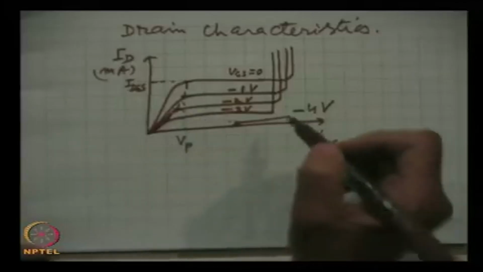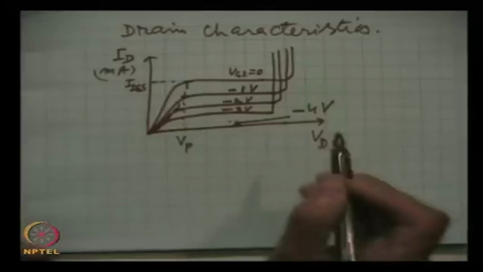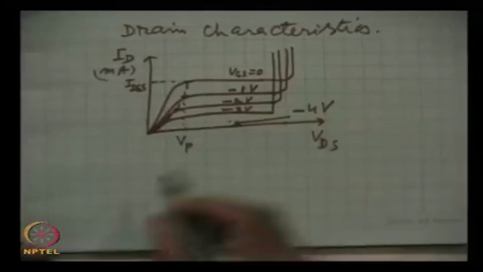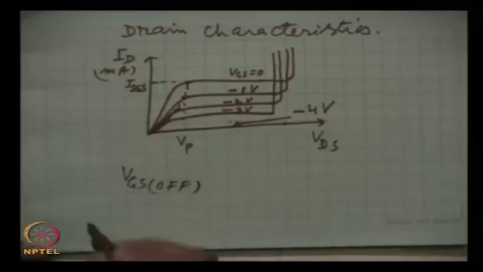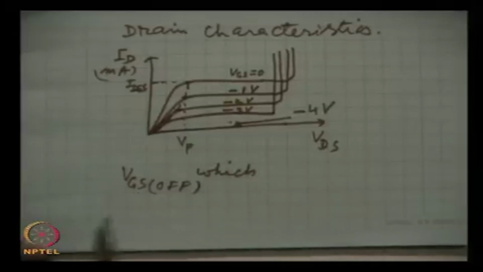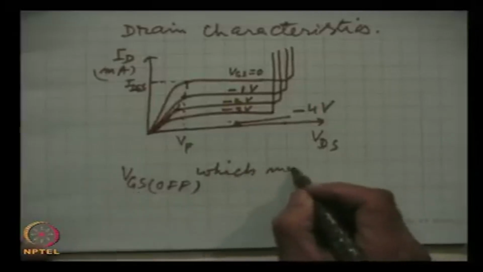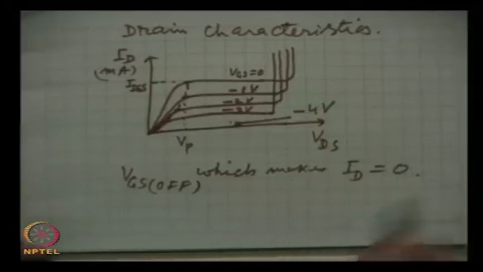and a situation comes when the drain current will be 0. This is known as VGS off, the gate source voltage which makes the drain current equal to 0.